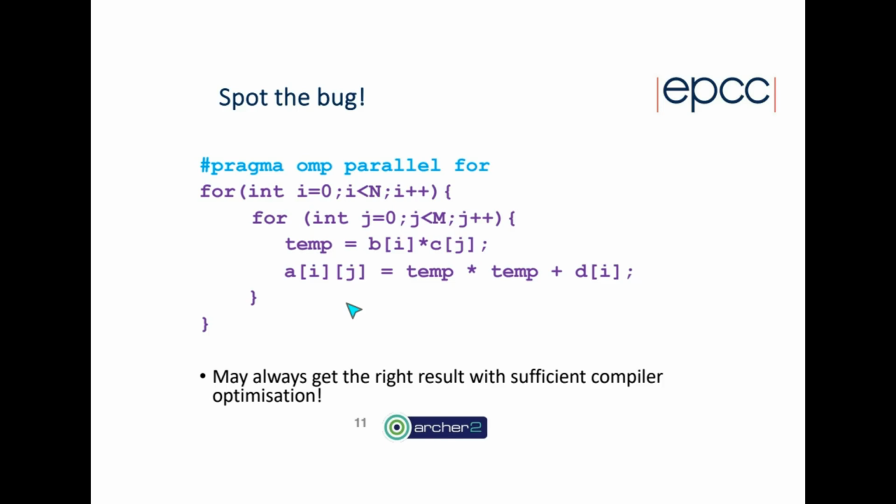And that's fine, but what it means is that you will always get the right result. You'll never see a race condition happen until you or somebody else builds the code without optimization, and then that'll expose the race condition. Or you might change to a compiler which does the optimization differently, or fails to do the optimization for certain cases, and you suddenly expose a race condition.